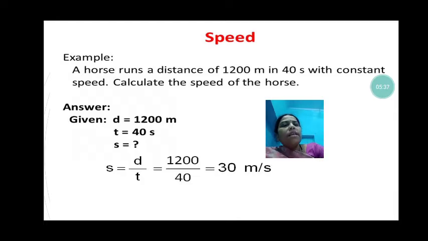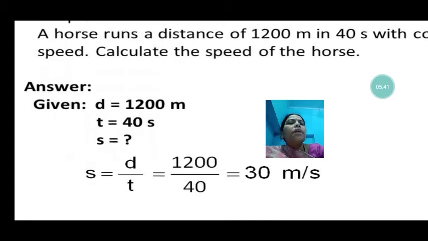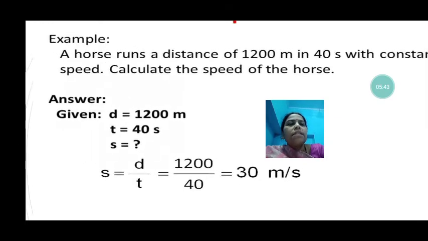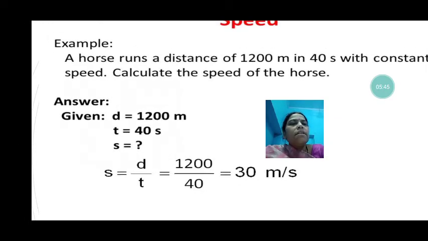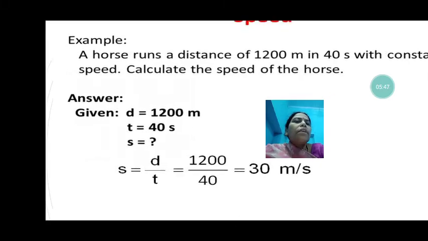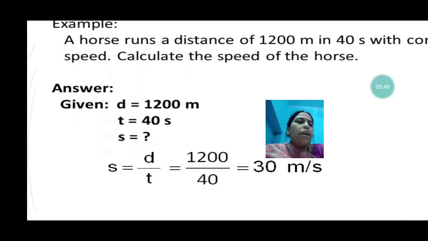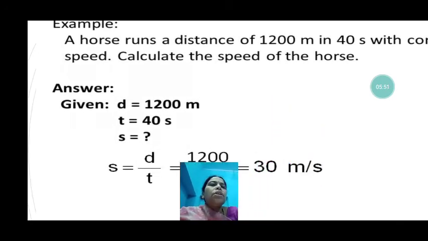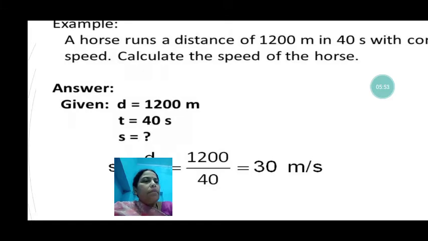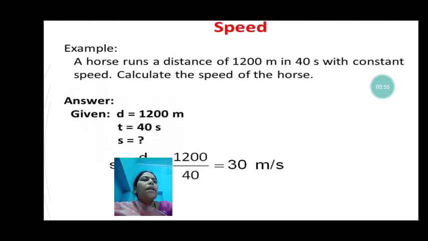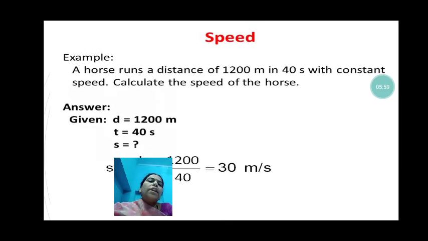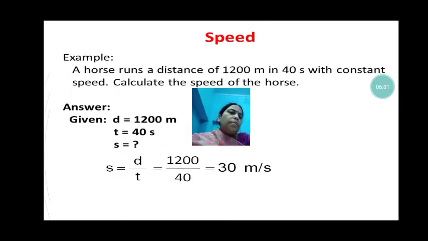So put the value of distance 1200 and time 40 seconds. Divide 1200 by 40, and you will find it is 30 meter per second.